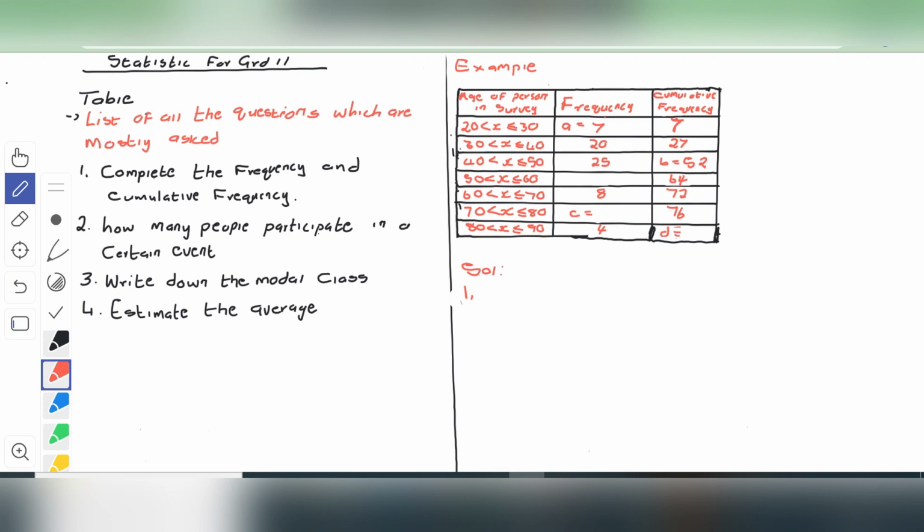Remember, whenever we calculate the cumulative frequency table, we add the cumulative frequency with the frequency. So this is how you're going to solve for C. You're going to say, okay, my answer now is 76, meaning we added 72 plus C, then it gave us 76.